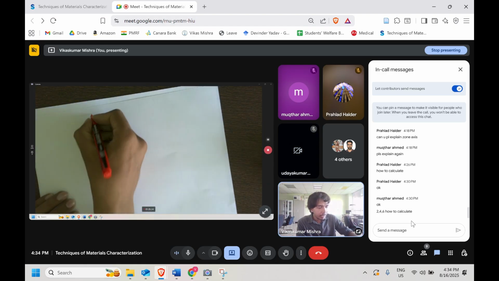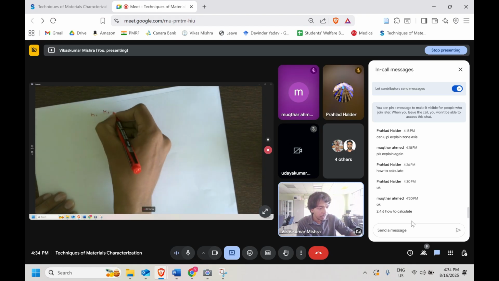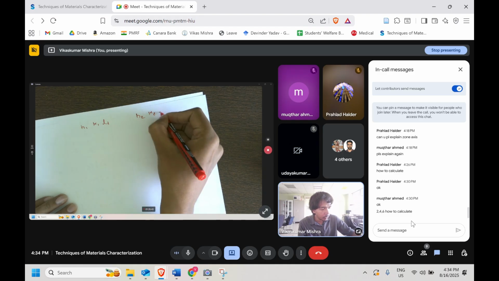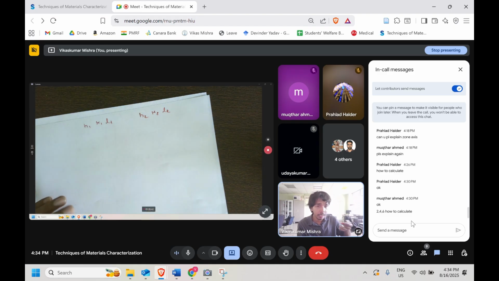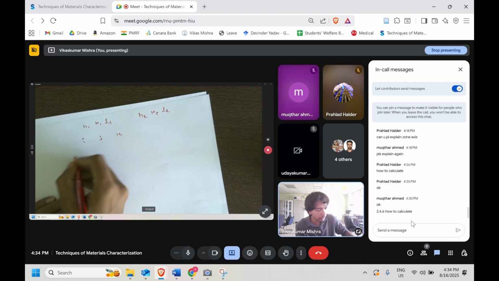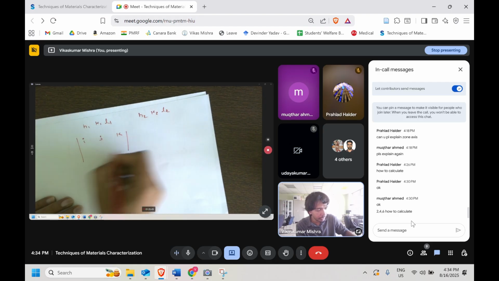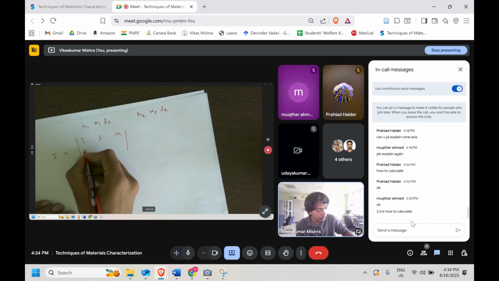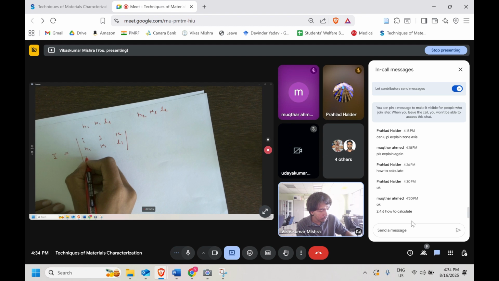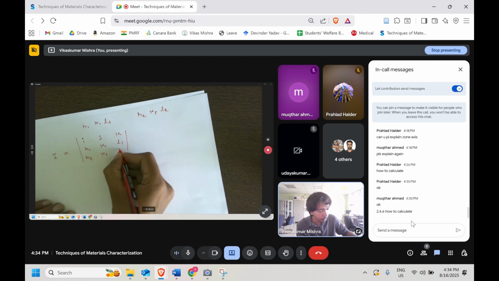Let's say we are talking about the planes h1, k1, l1 and h2, k2, l2. The entire method which we did is the formula: i, j, k, and instead of numbers, this time I will put h1, k1, l1 and h2, k2, l2.